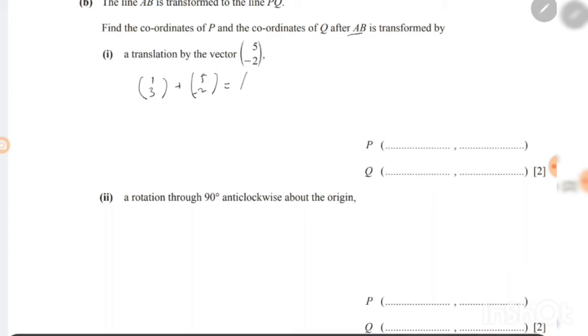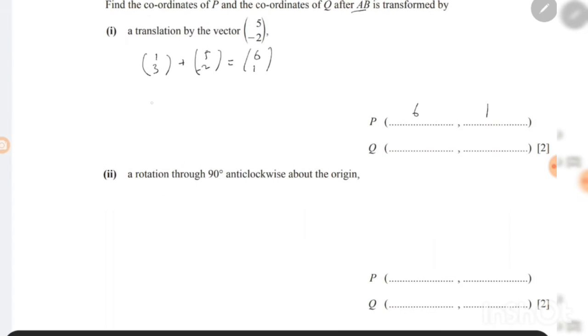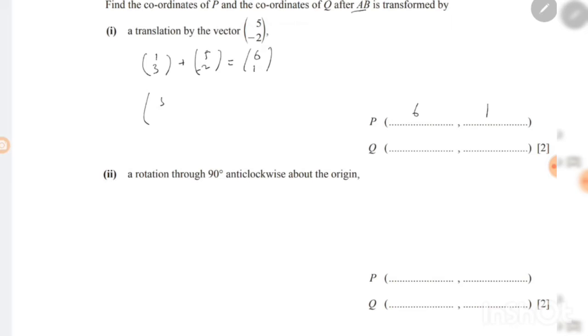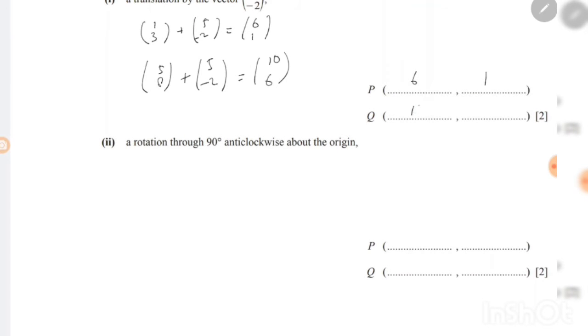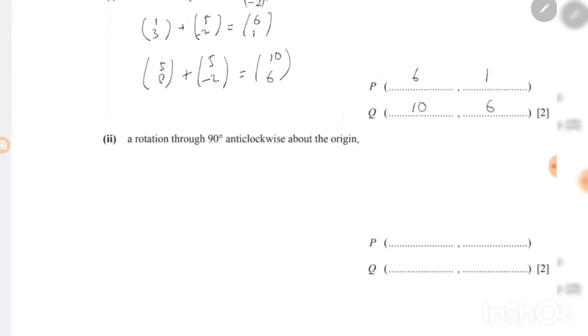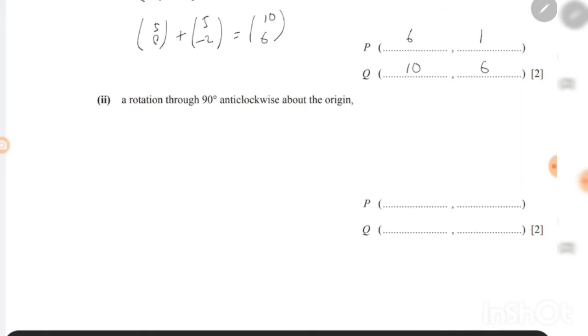So 1 plus 5 is 6 and 3 plus negative 2 is 1, so our P coordinate is (6, 1). And also for B, our B is (5, 8), so we add (5, negative 2), so you have (10, 6), and our Q coordinate is (10, 6).